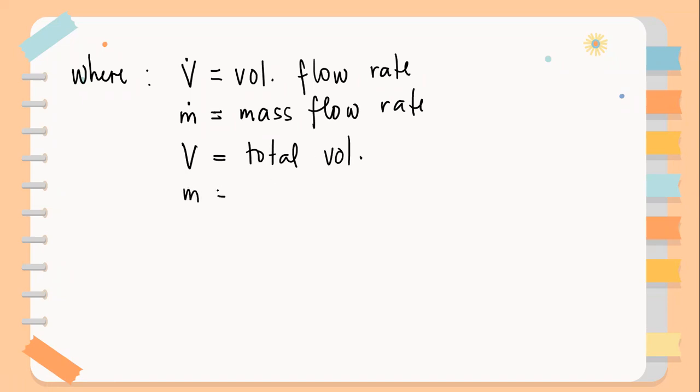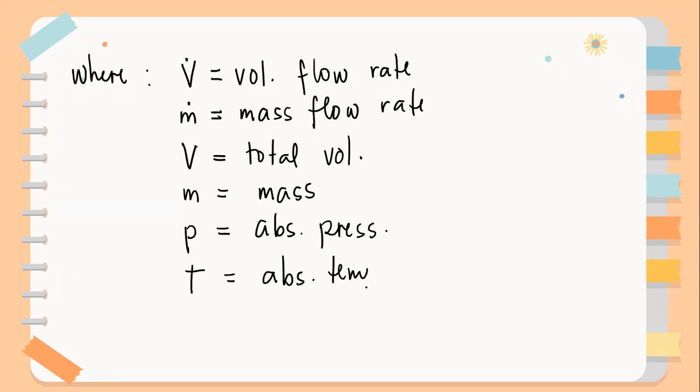M is the mass. P is the absolute pressure. T is the absolute temperature. Rho is the density, mass density.